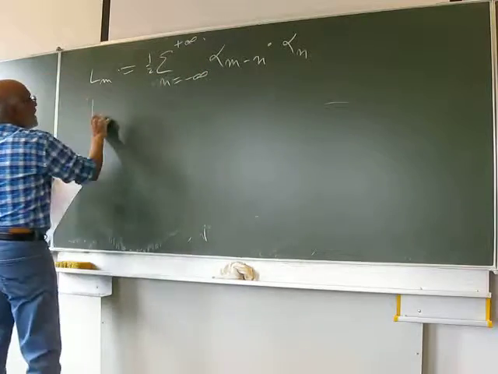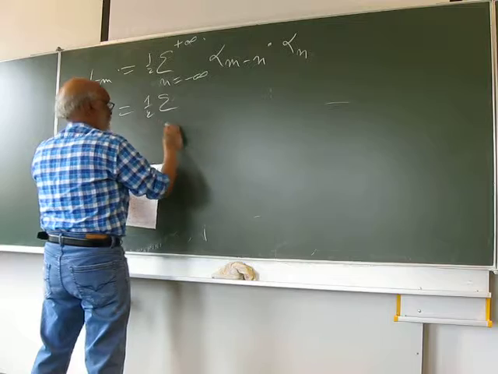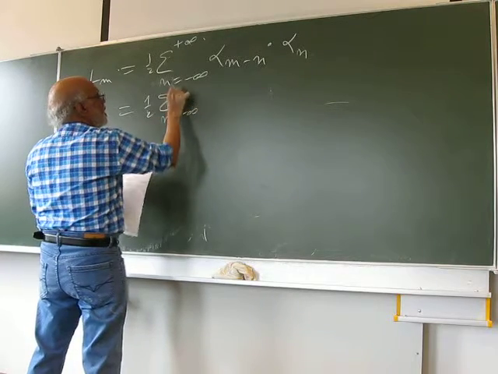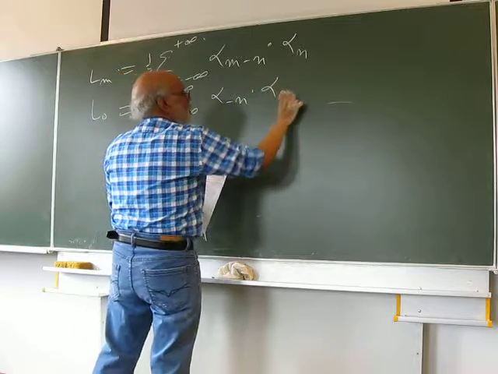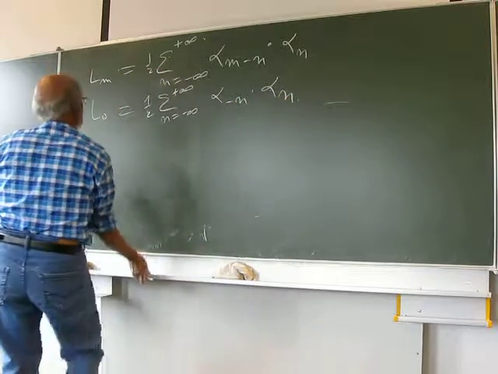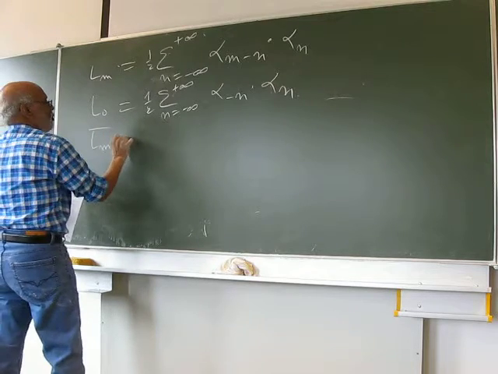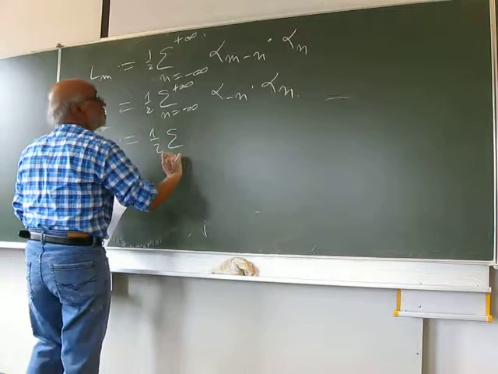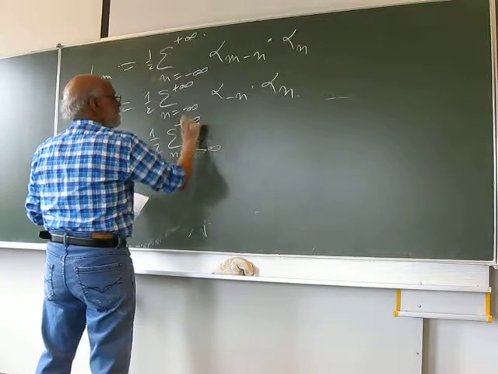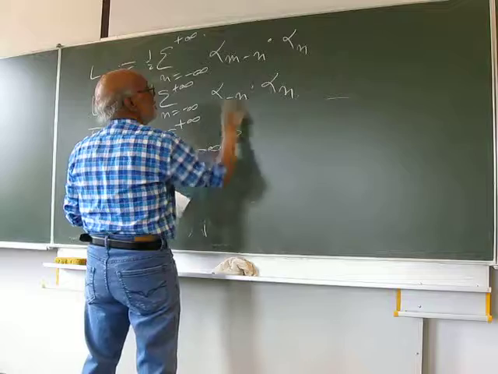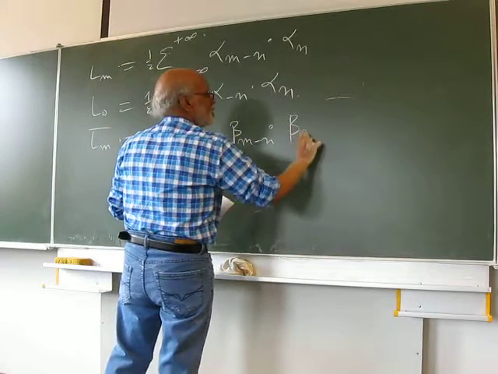In particular, L0 is very interesting. This is alpha minus n, and similarly Lm bar is my 1/2 sum over n from minus infinity to plus infinity of beta m minus n beta n.